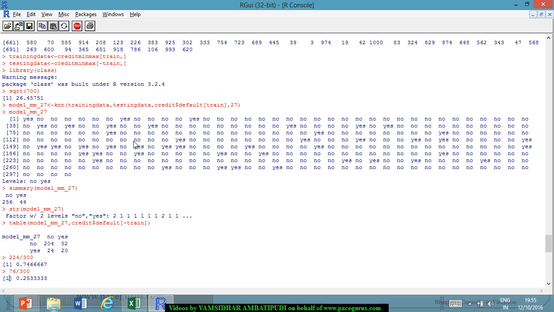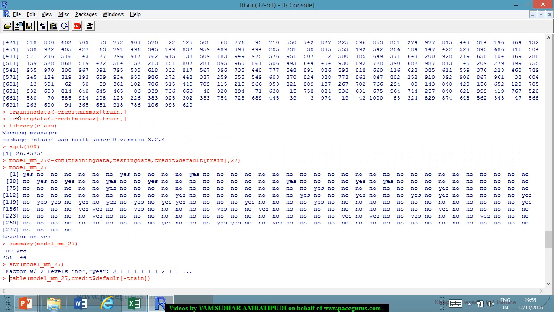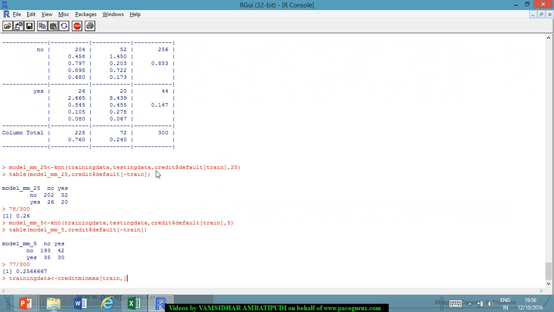Or in some cases, rather than relying on the min-max method, I can also look at the Z-score method. Right, so I will go with the Z-score method now that I have looked at all different possibilities.